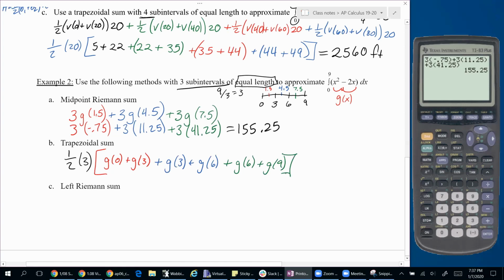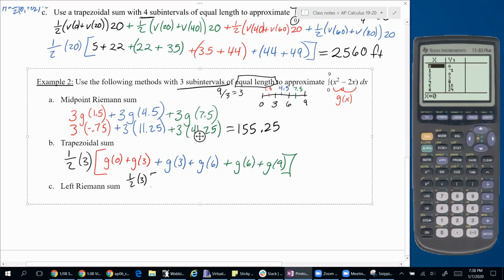So let's use our calculator again, although we could do it by hand in this case. So we put in our equation. Since these are all whole numbers, I can just use my table. Second graph. Pull out my 1/2 times 3 again.